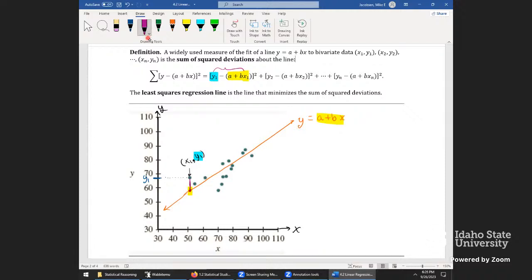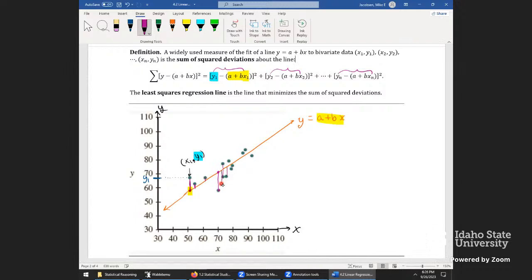We're going to square that so it comes out positive, and then do that for every single point on the line. Some of these have very small distances that we're squaring, say right around here. The values are very, very close to the line. But not every one is. This point right here has a large difference between the actual value and the predicted value on this line. But nonetheless, we keep on calculating all of these differences. Let me put them on the chart here.